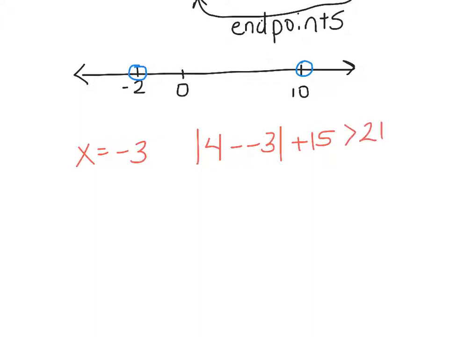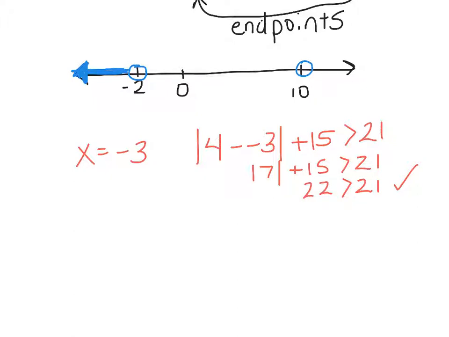Well, we end up with 7 plus 15, absolute value of 7, plus 15 is 21. That actually gives us 22 is greater than 21. That is true, meaning we want the interval with -3. So that means we're going to definitely shade the area with -3 up to our endpoint.